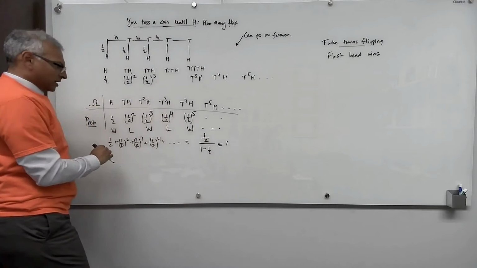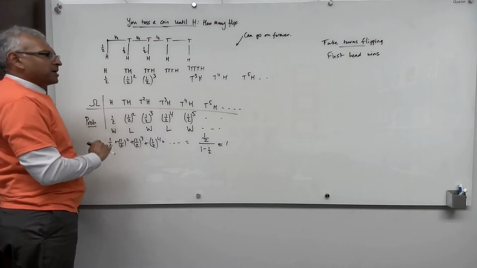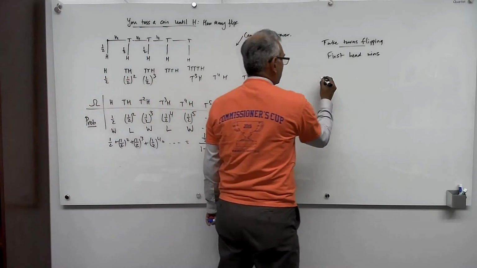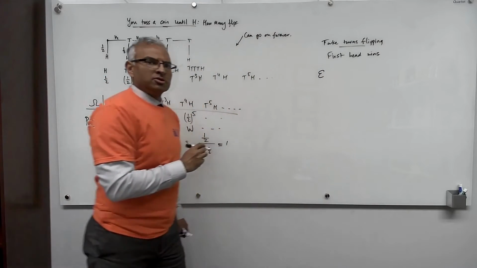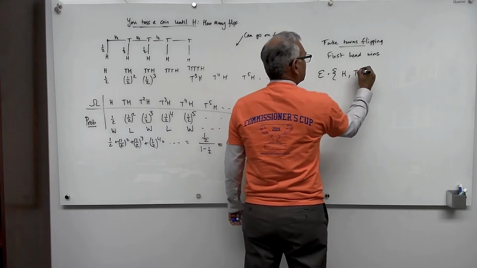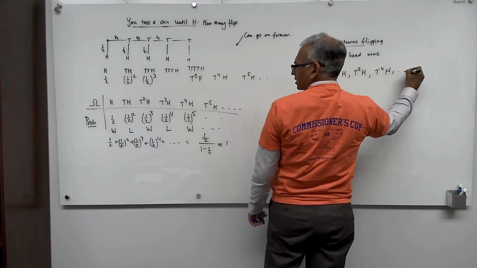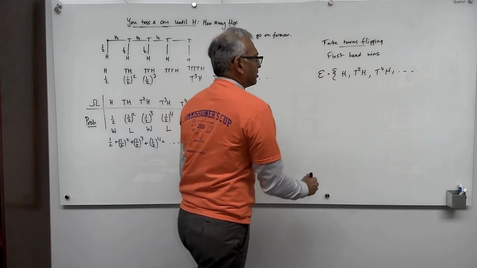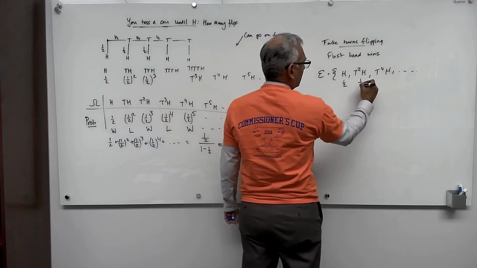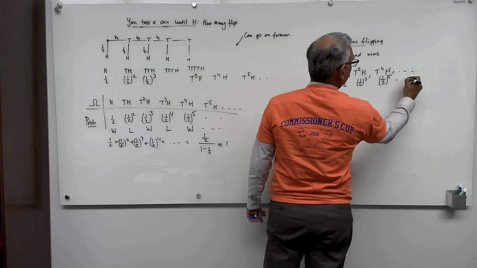You see that the outcomes that correspond to you winning are exactly the odd powers of 1/2. So the first head wins. The event that corresponds to you winning is the event h, t squared h, t to the 4th h, and so on. The probabilities of these are 1/2, 1/2 cubed, 1/2 to the 5th, and so on.